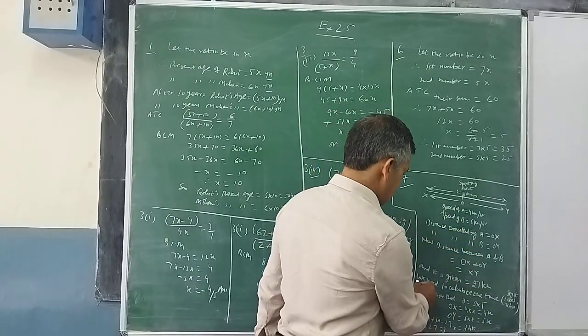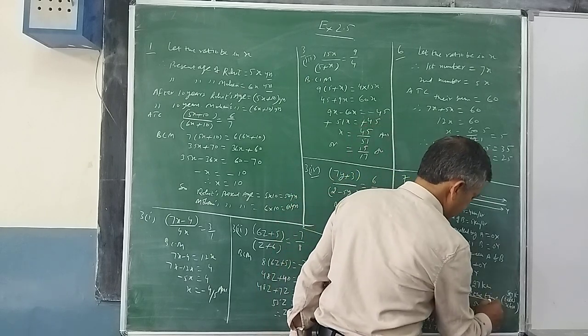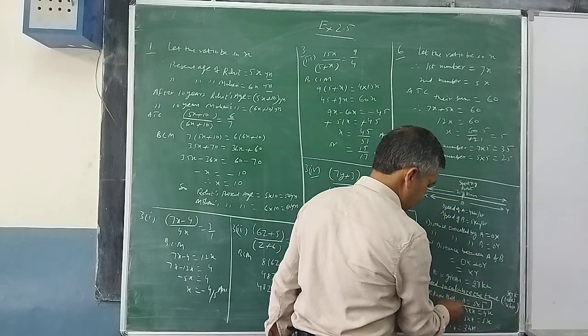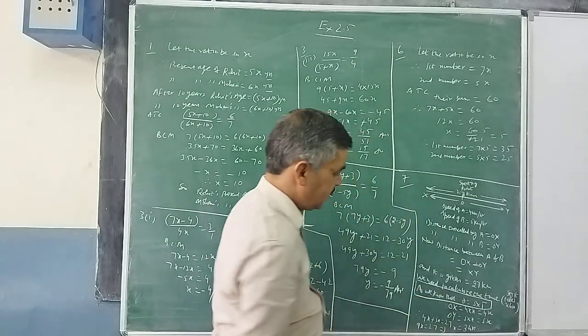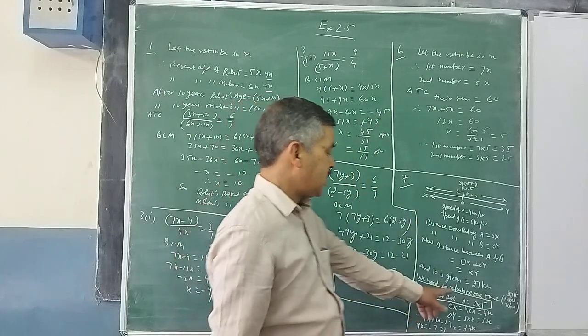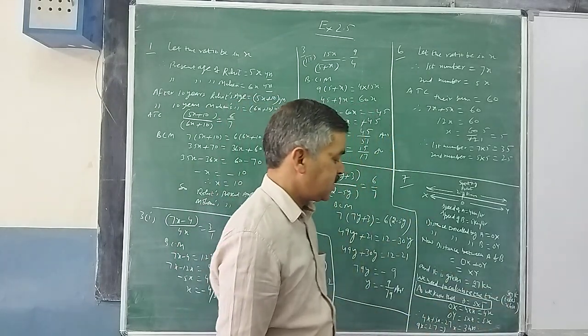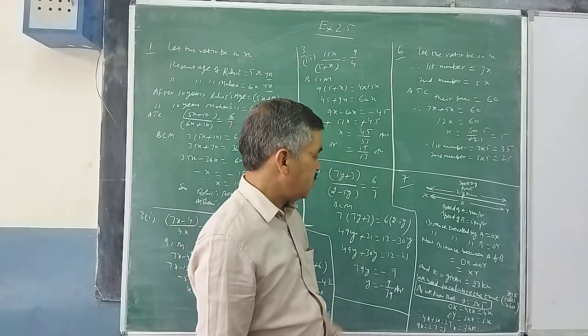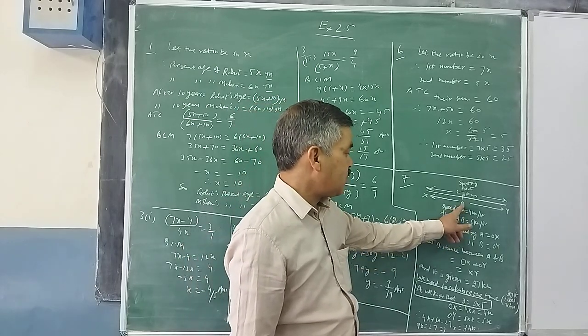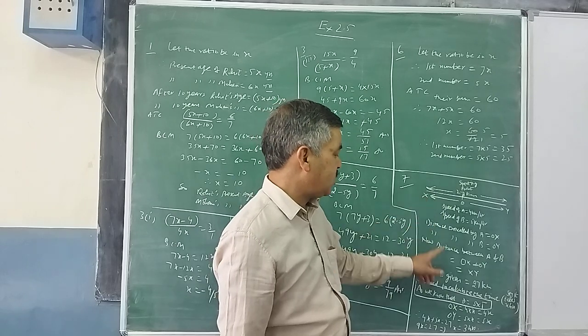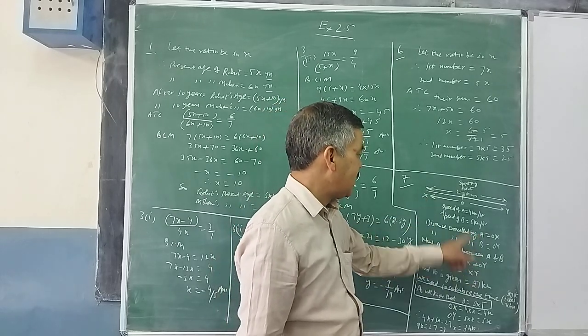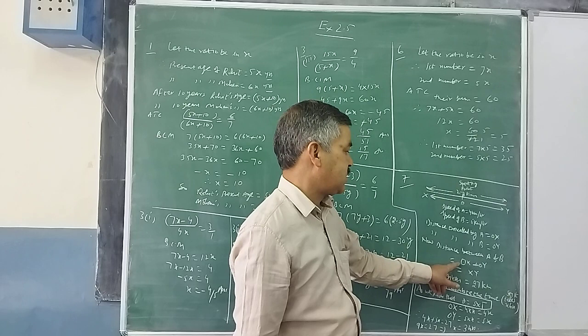Make a note that the key factor to make your understanding very, very clear is: distance is equal to speed into time. So A started from O and traveled to X, so the distance traveled by A in this direction will be OX.